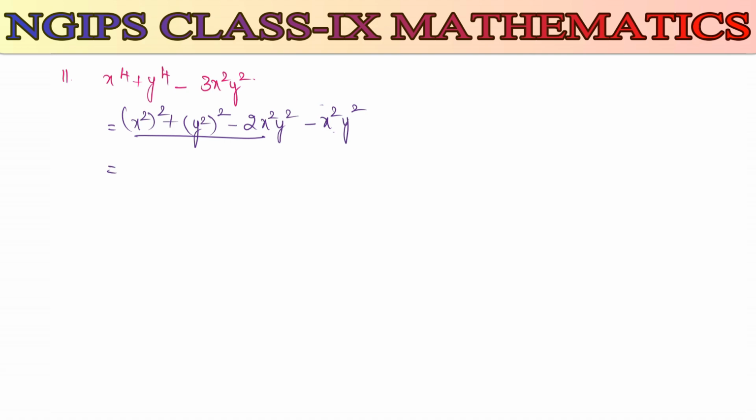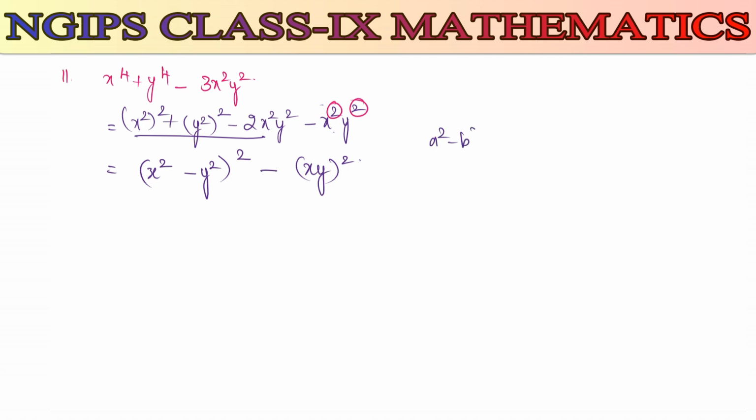Equal to, now here I am going to group this first group. This is in the form of a² + b² − 2ab. So I can take the a value, it is x², and the b value, it is y², whole square, minus, from this I can take a² common. When you take the square common, you will get (xy)². Now this is in the form of a² − b².